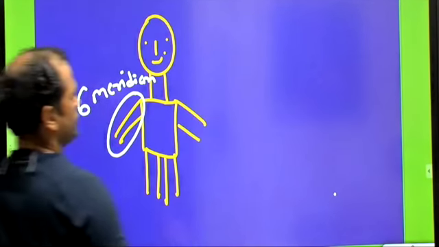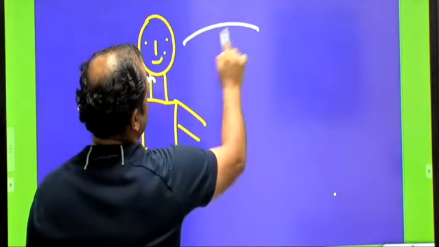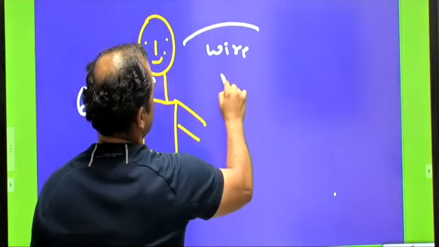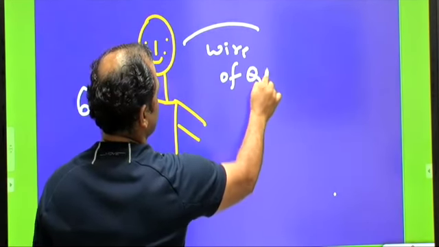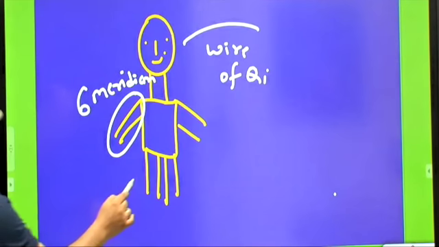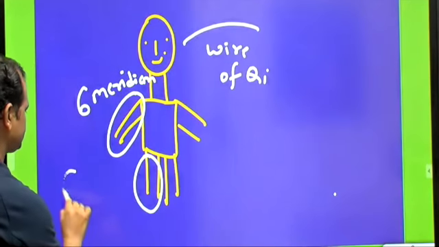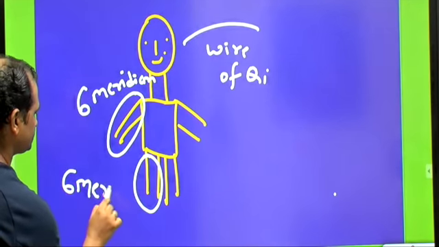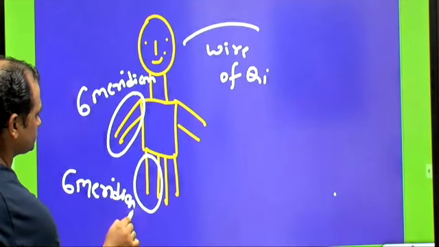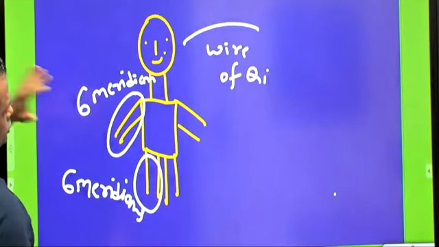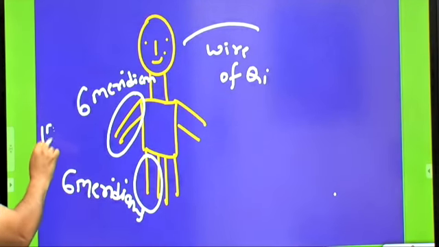The meaning of meridians is like a wire, a wire of chi. And the 6 meridians we have in the legs. So 6 and 6 is equal to 12.